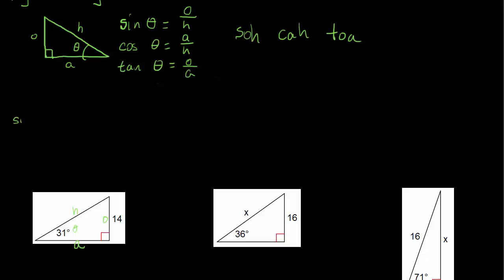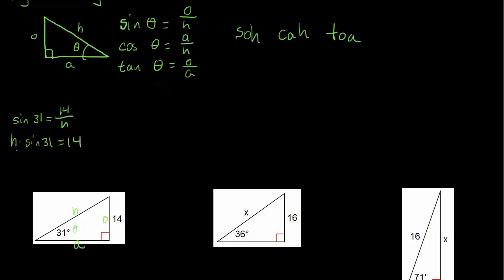So the sine of 31 degrees is equal to the opposite over hypotenuse. My opposite is 14, and my hypotenuse, I don't know what it is. We cross multiply, I get h times sine 31 equals 14. It's an h, not an n.